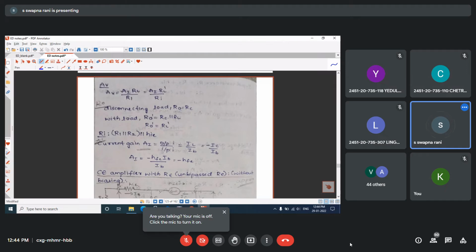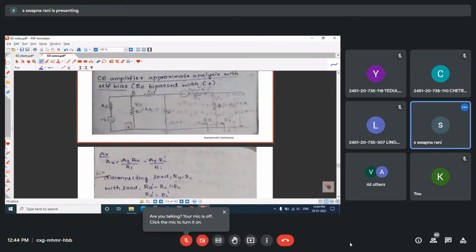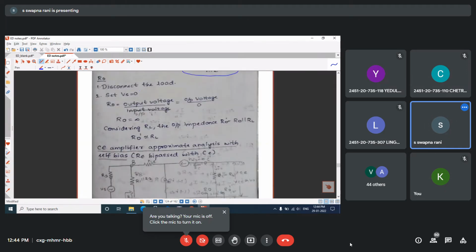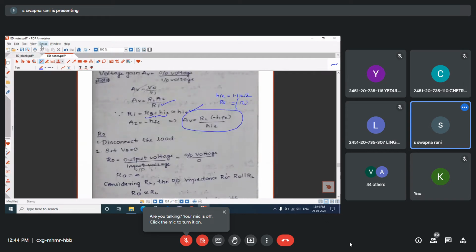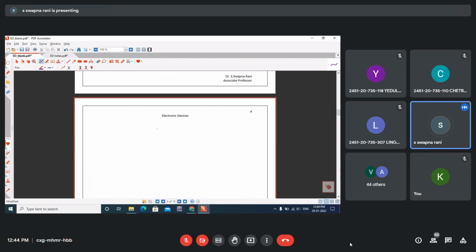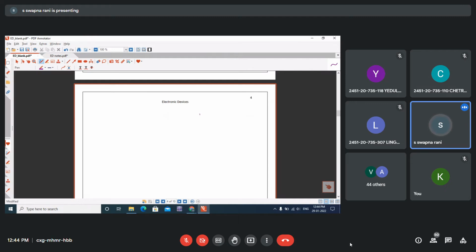Okay. Now see here, I will redraw it. I am drawing the current source like this.